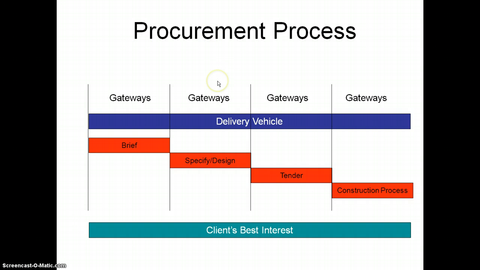Overarching the entire project, and if you think about it, what the client wants is from cradle, which is just about here, to grave. Even though it takes into account the construction process, it may go beyond this point. And if you think about it, you have to think about the client and the client's best interest. So questions you may ask yourself is, what is the client's aversity to risk?